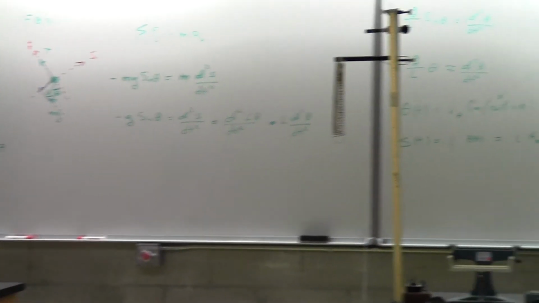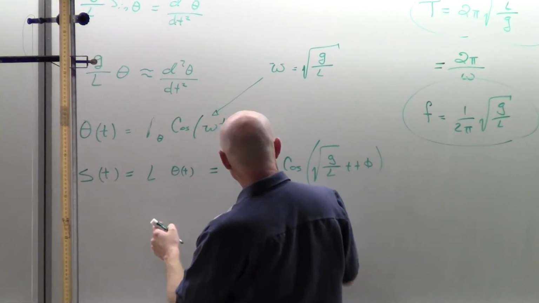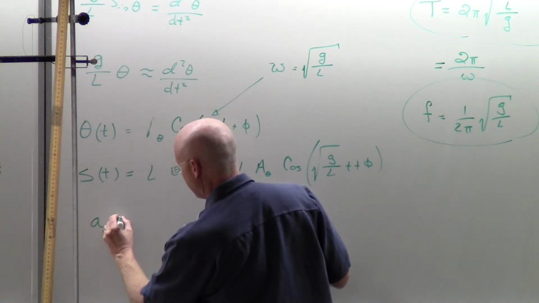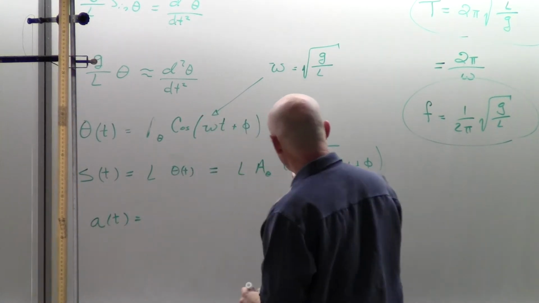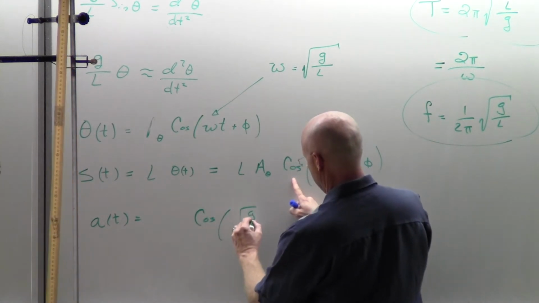well, what would we get for acceleration? It would be this thing twice, right? So the acceleration as a function of time means when I take this derivative twice, I get cosine.